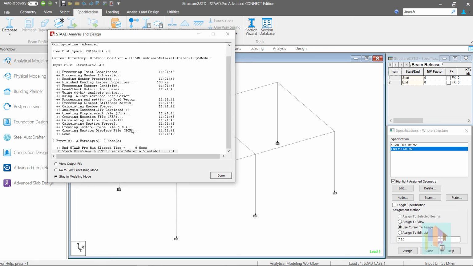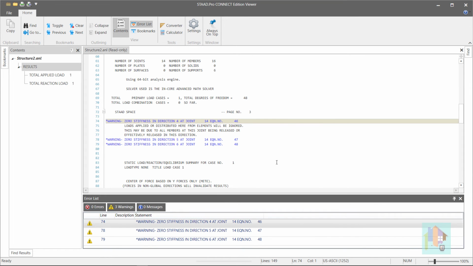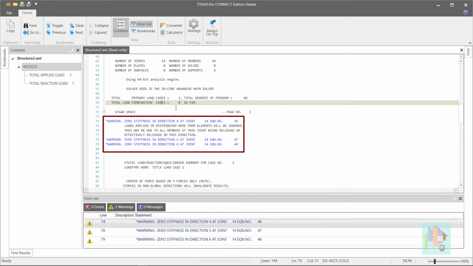There are 3 warning messages. Open the output file. 3 zero stiffness warnings are reported at node 14. Directions are 4, 5 and 6.